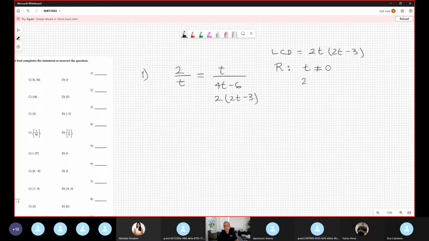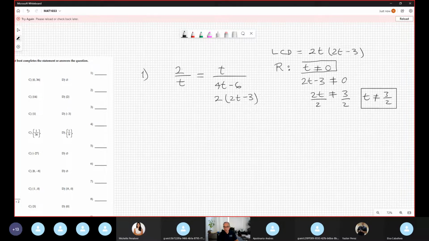And 2t minus 3 is not 0. It's another factor here. And 2 can't be 0, because 2 is 2. So 2t is different from 3, t is different from 3 halves. Two restrictions in my problem.